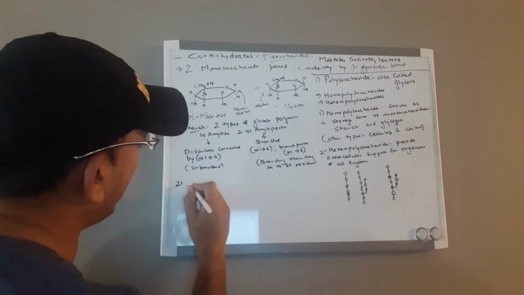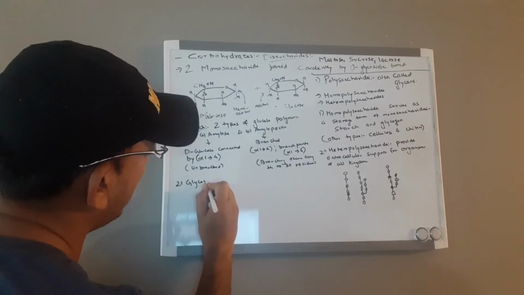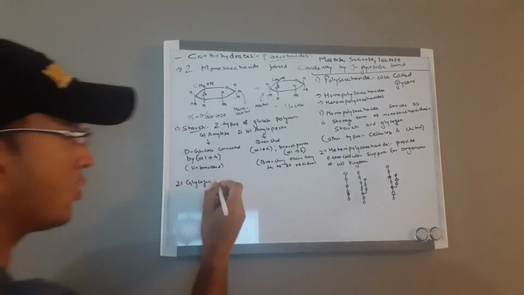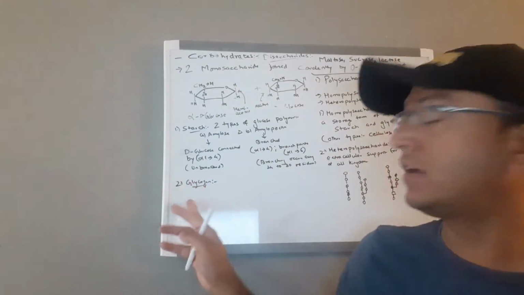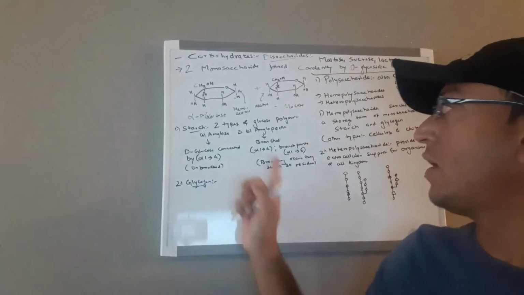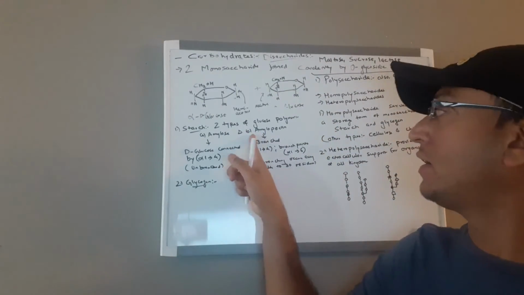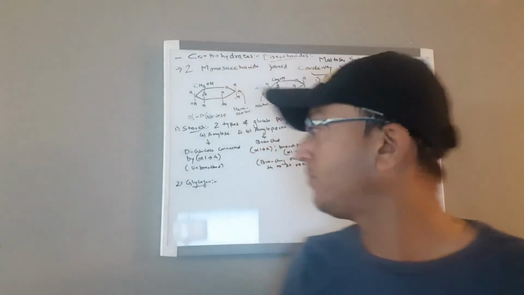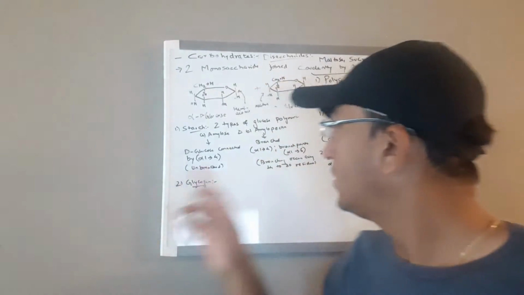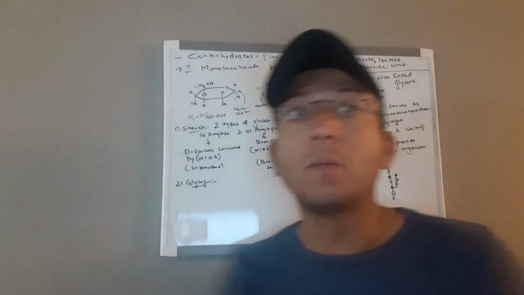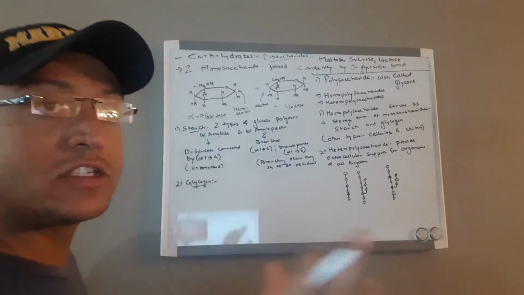Now glycogen, right? Starch was the storage for plants and this is the main storage polysaccharide of animal cells. Like amylopectin, glycogen is a polymer of alpha 1 to 4 linked glucose subunits. It branches with the same alpha 1 to 6 linkages, but glycogen is more extremely branched.